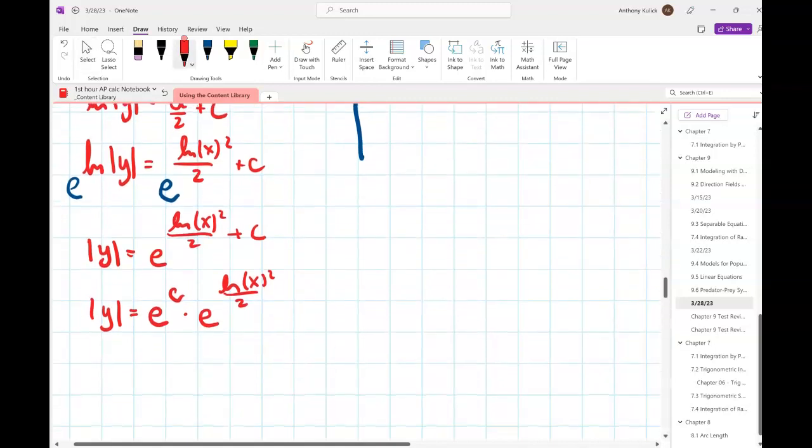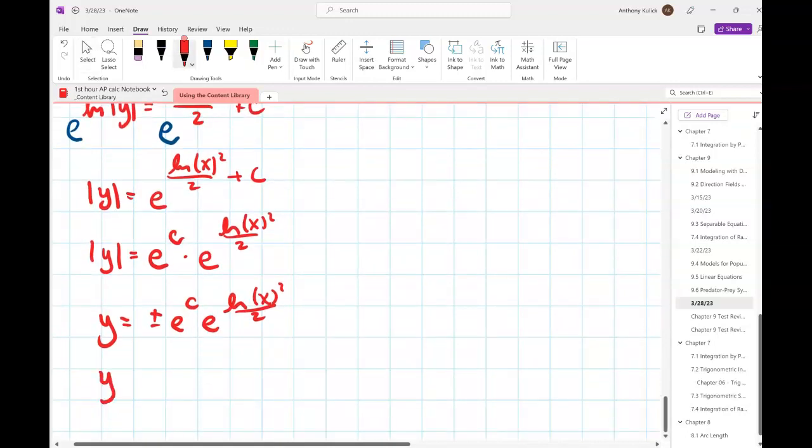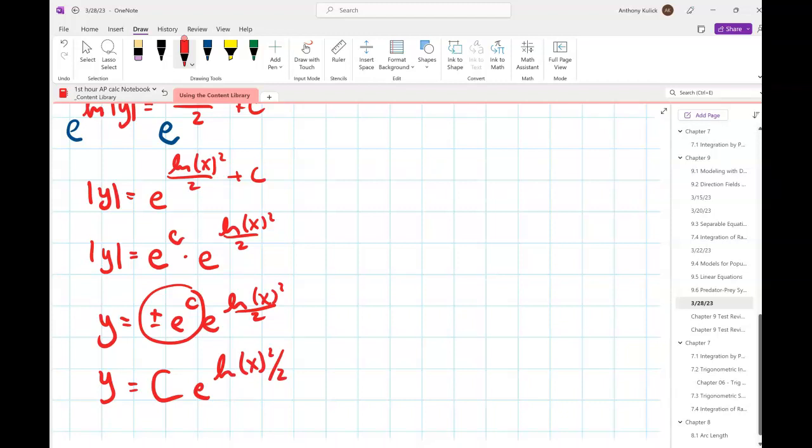We can call e to the c, well, let's do that. We'll do the plus or minus first. And then you could take the whole plus or minus and just call it c if you want to. You could leave the plus or minus out front also. It's not wrong to do that. Or you can just suck it up into the constant. That's okay also. It just vacuums up in there.